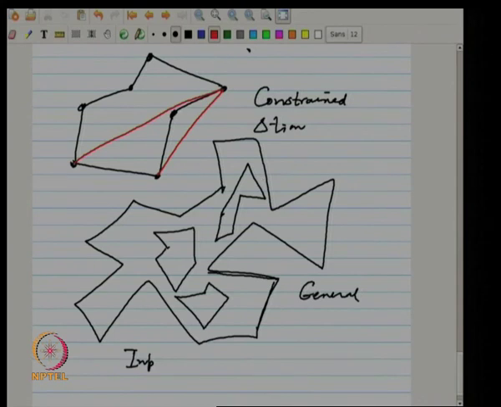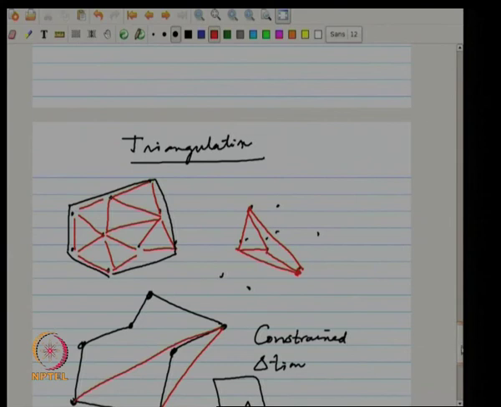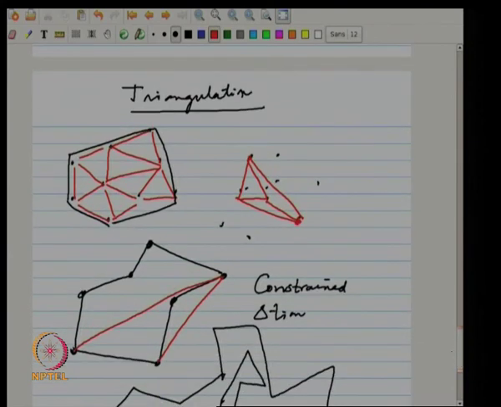Question: when we are triangulating a polygon, are we introducing points in the interior? No. We are not introducing any Steiner points, and we are not allowed to introduce them. In triangulation, only the corner points can be used. So, maybe I should say no Steiner points.